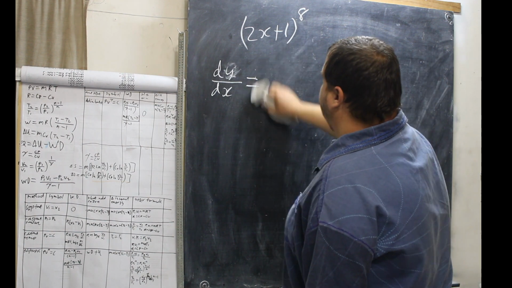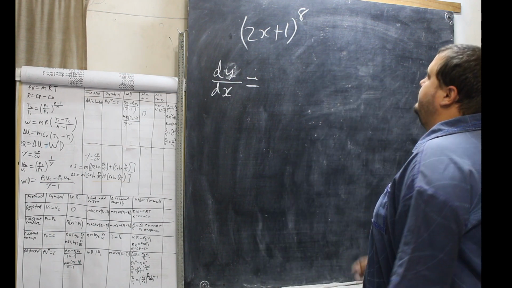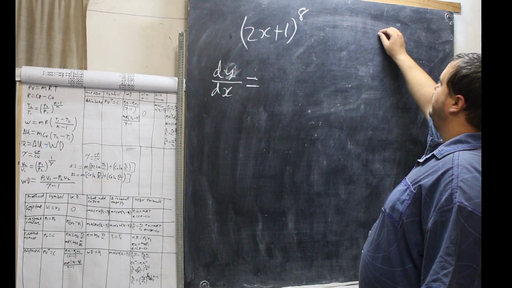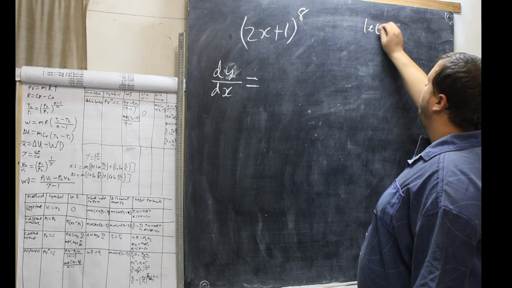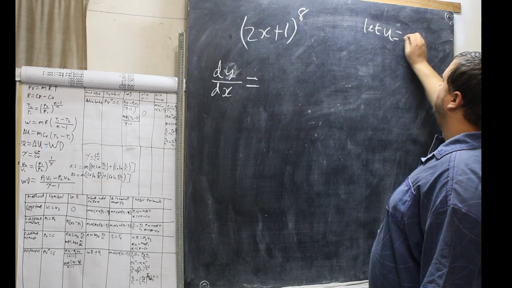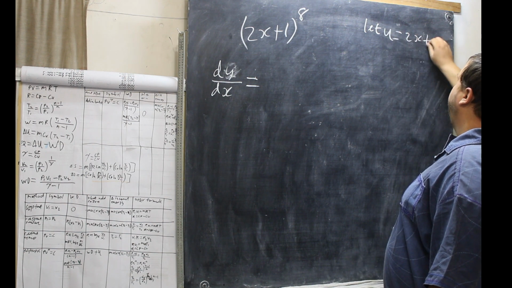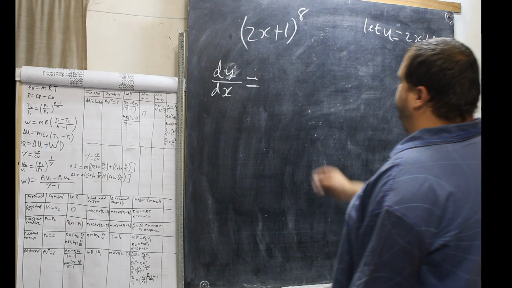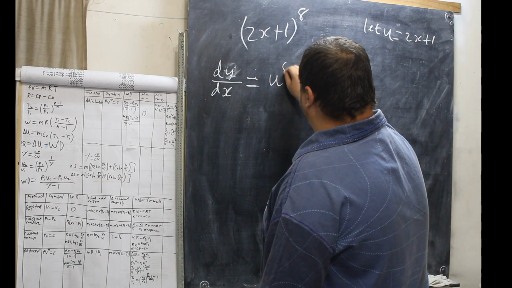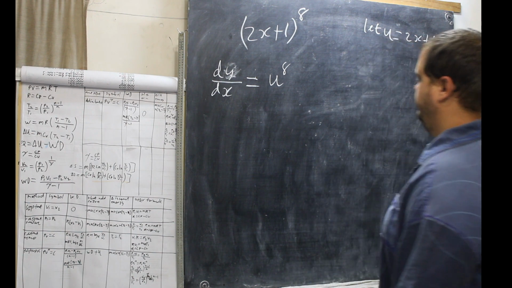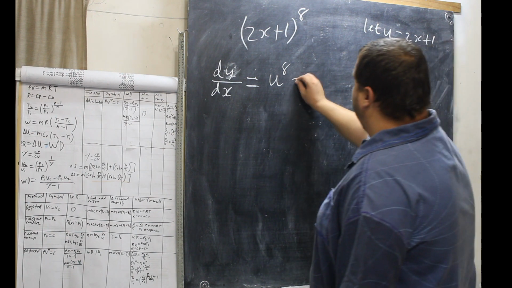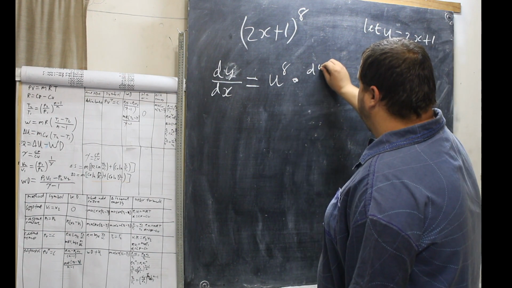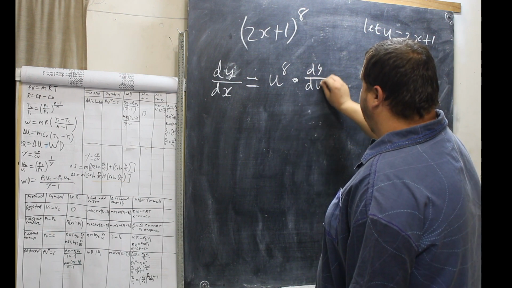We can also use u substitution here. This is not going to be a problem. Let u equal 2x plus 1. So then we have u to the power 8, times dy over du.